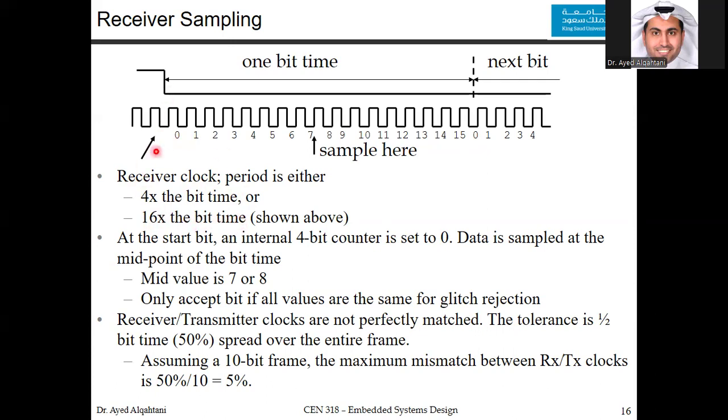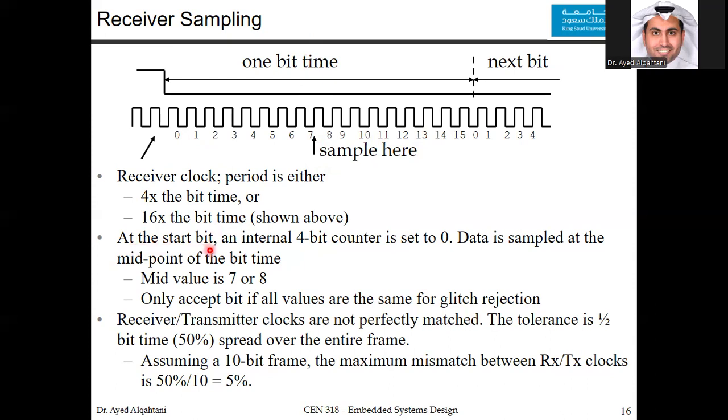So you can see here, we have the receiver sample with 16 clocks. So the receiver will have a clock to read the bit. You can see that we have 16 clocks from 0 to 15, and it should sample in the middle. So you make sure that you are reading the value in the middle.